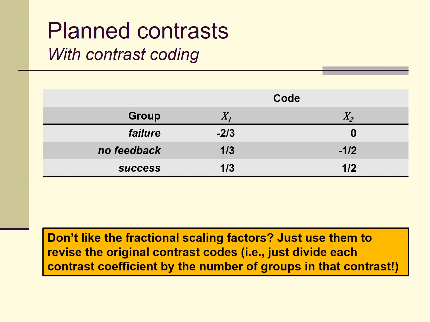Formerly, our codes for x sub 1, going down the rows in the column for x sub 1, were -2, 1, 1. Because there are 3 groups in that contrast, we now divide by 3 and we get codes of -2/3, +1/3, +1/3.